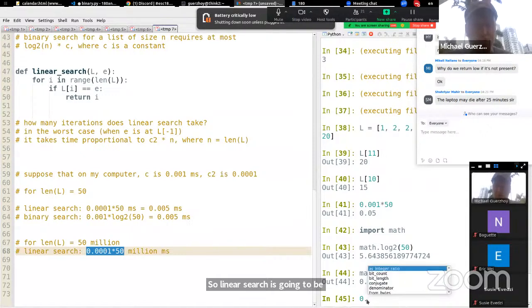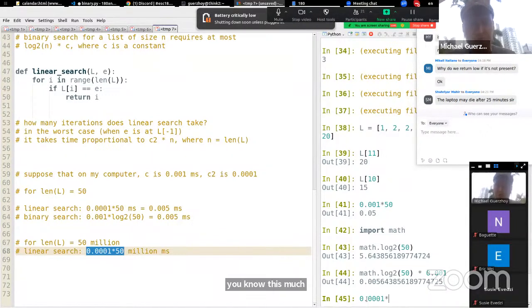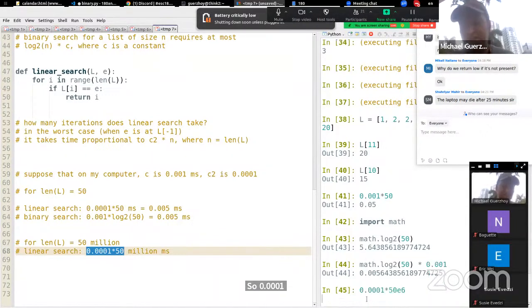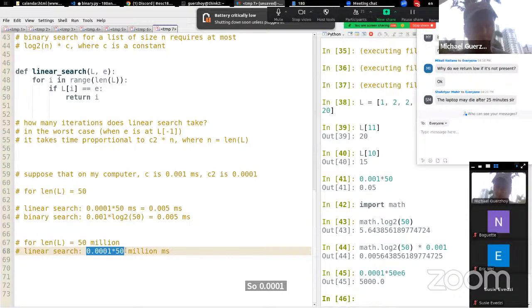So 0.0001 times 50 million. So 5,000 milliseconds. So 5 seconds, right?